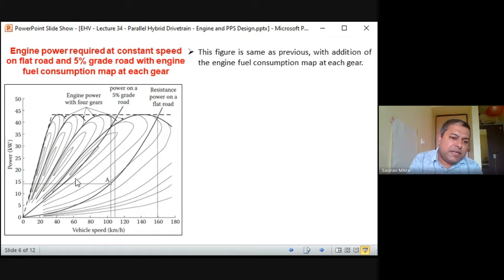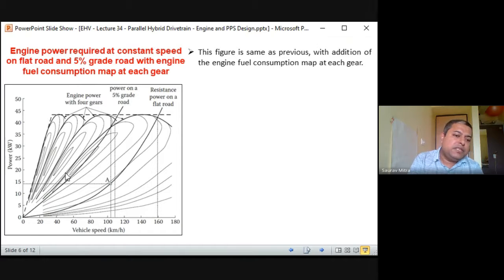So in this case, you will find that if your vehicle speed at fourth gear is from this point, around 55, and this point, okay, so I'm talking about this contour inside. So this contour is the maximum efficiency contour for fourth gear. This contour is the maximum efficiency contour for third gear. This central circle is maximum efficiency for second gear, and this is for the first gear.